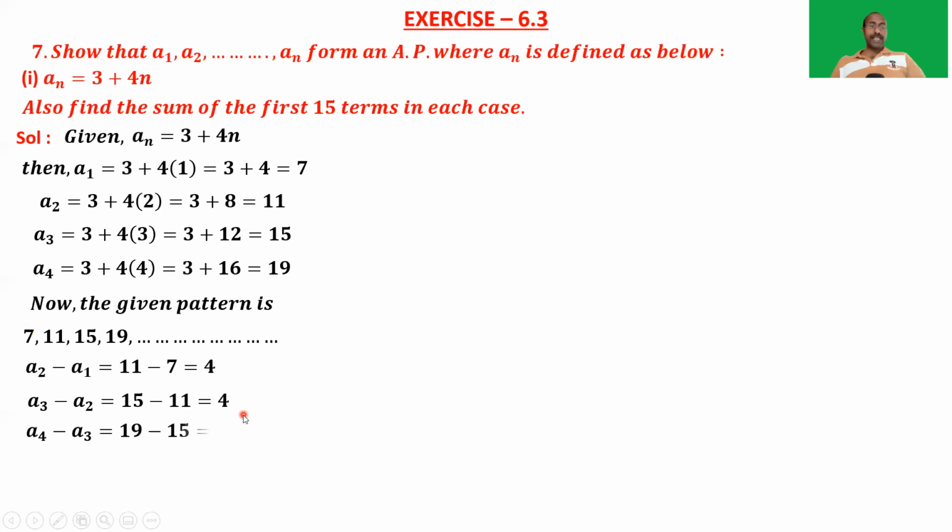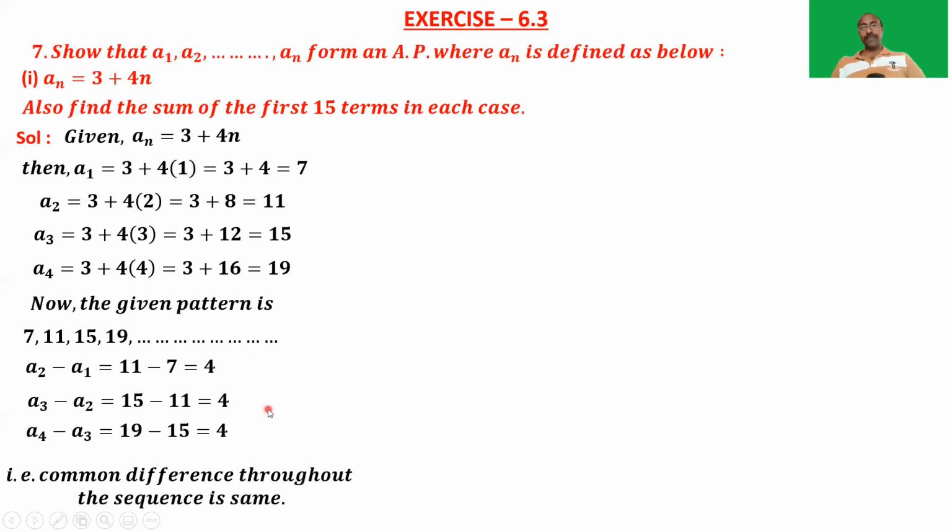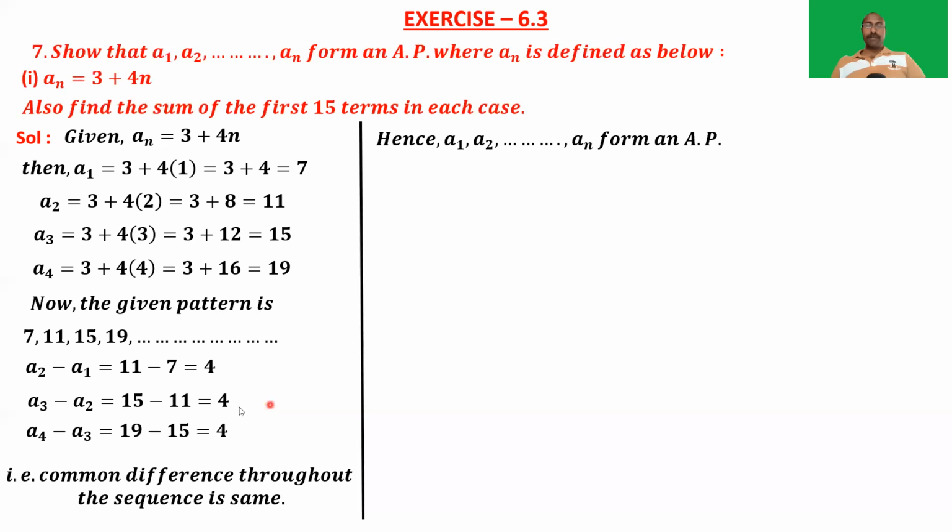A4 minus A3 is also 19 minus 15 is equal to 4. That is, the common difference throughout the sequence is the same. So A1, A2 up to An form an arithmetic progression. And in this arithmetic progression, the first term a is equal to A1, which is 7. And the common difference d is the difference between every two consecutive terms, that is 4.